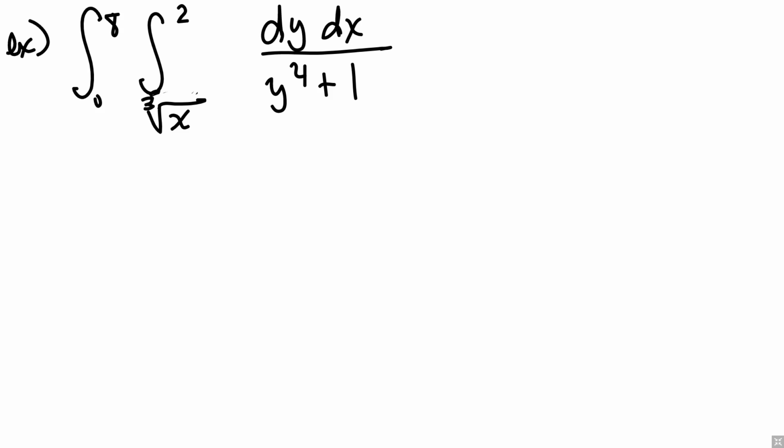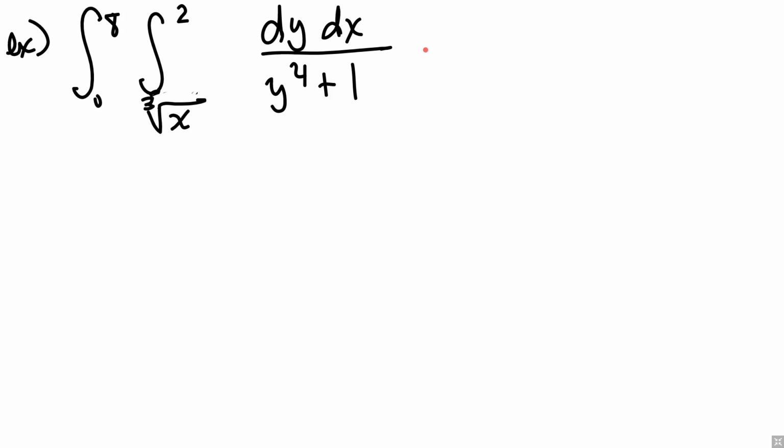In reality, this problem is an inverse trig, but we can't do it because we don't have the proper u sub. If we switch the limits of integration around, then we would be able to do this.